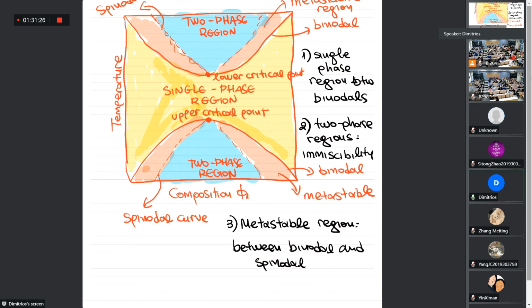Okay? And there is this phenomenon that is called spinodal decomposition, okay? We have spinodal decomposition when the system moves from a single phase to two phase spontaneously, okay?